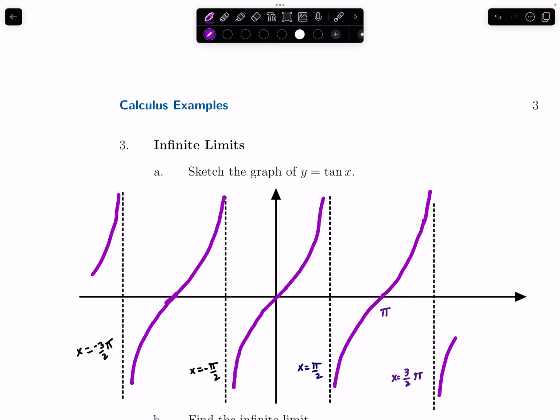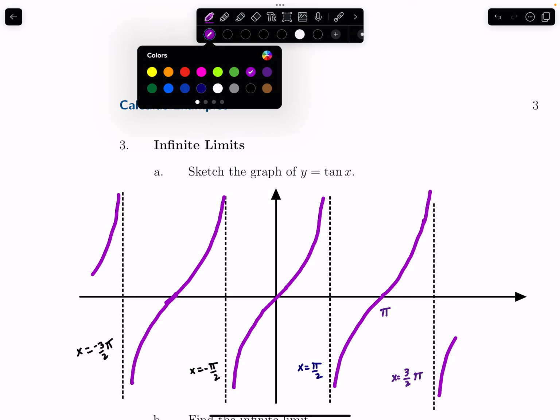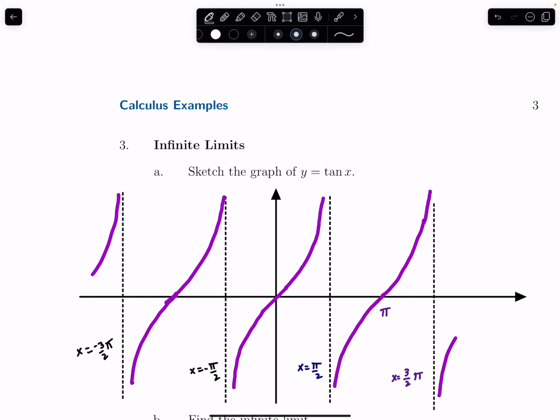All right. Now, let me just give you a heads up, somewhat of an explanation, but maybe it's short. y equals tan x is the same thing as sine x divided by cosine x.